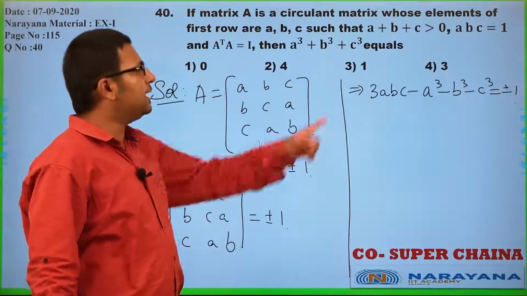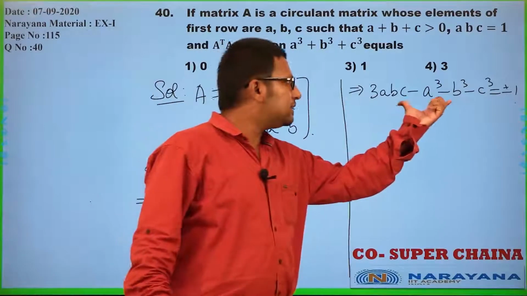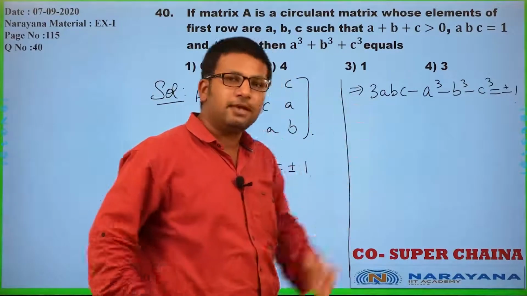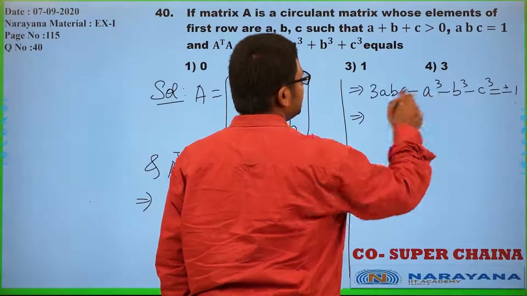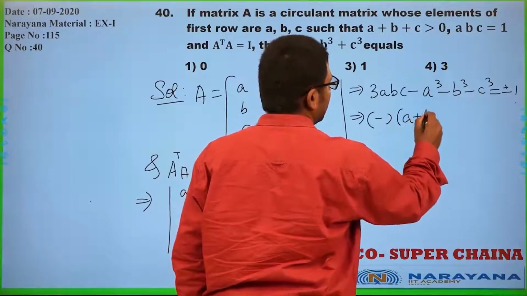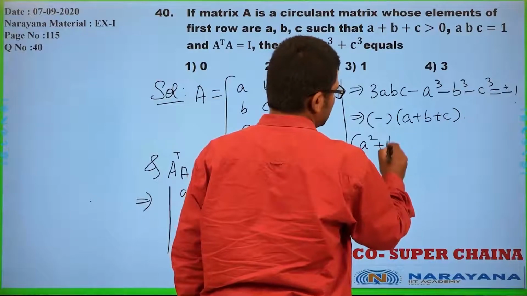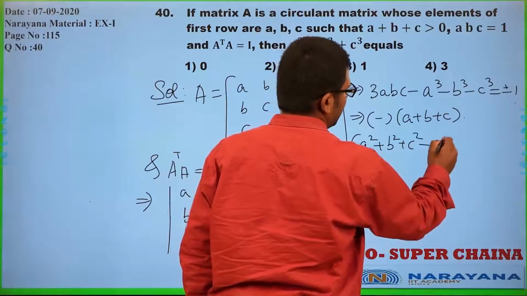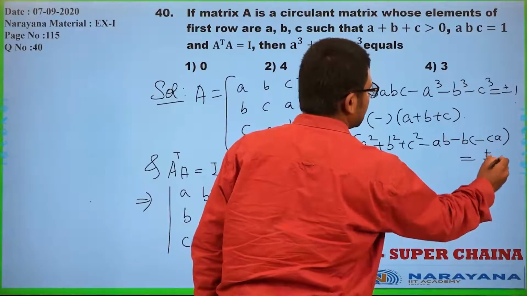This is again something you are familiar with, because 3abc minus a cube minus b cube minus c cube is basically minus of a plus b plus c into a square plus b square plus c square minus ab minus bc minus ca.